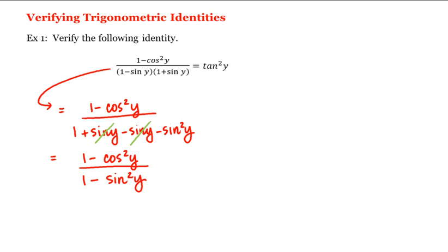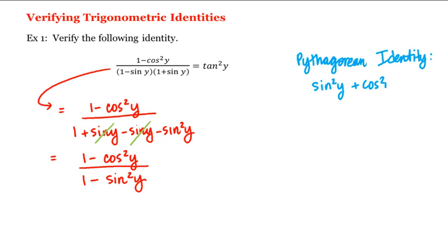Now let's recall the following Pythagorean identity: sine squared y plus cosine squared y is equal to 1. Now, if we subtract cosine squared y from both sides, what do we get?